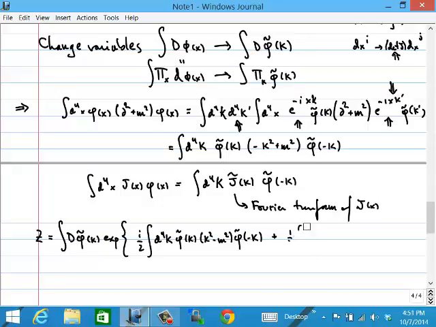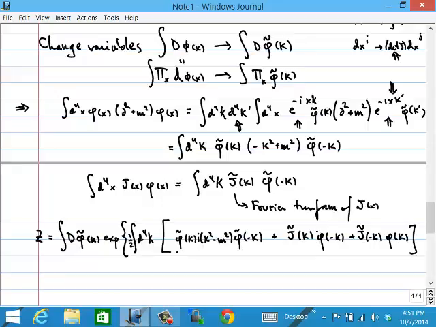And what I'm going to do is write this all a little bit more symmetrically. I'm going to write this as an integral d4k. I'll pull that 1/2 out front. I'll put that i in right here. Plus J tilde of k phi of minus k plus J tilde of minus k phi of k.